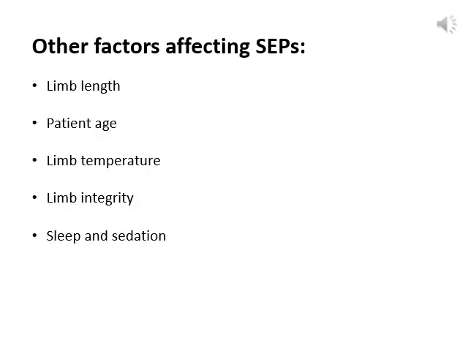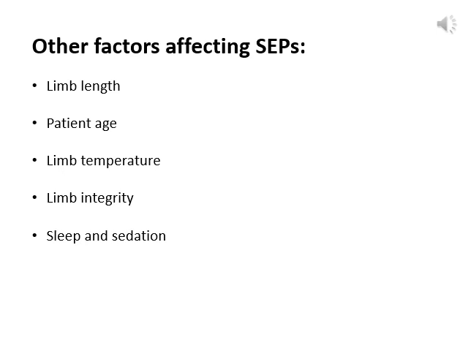Of the three evoked potential modalities most commonly recorded in a clinical setting, the SEP is the one most affected by external factors. These factors include limb length, which changes the latency of the peripheral responses, patient age, which affects myelination maturity and changes the latencies, particularly of the peripheral responses, but also of the interpeak latencies.